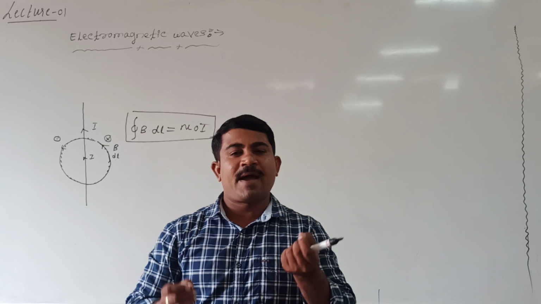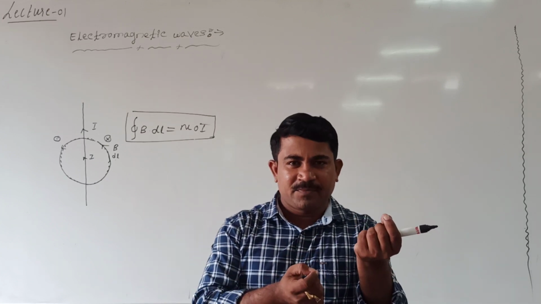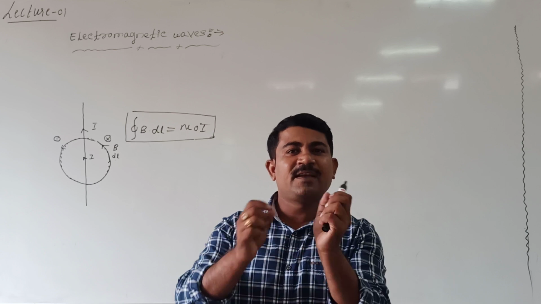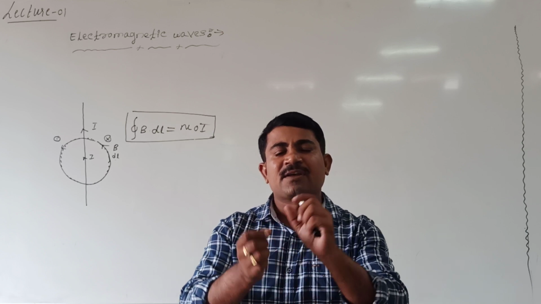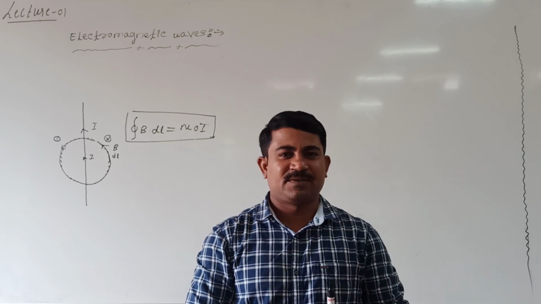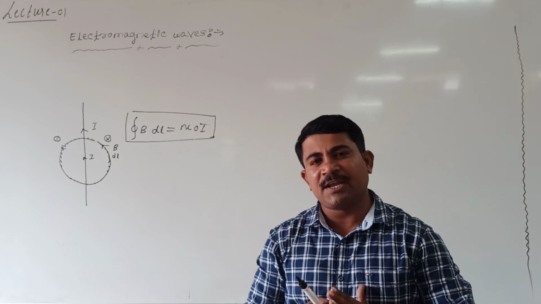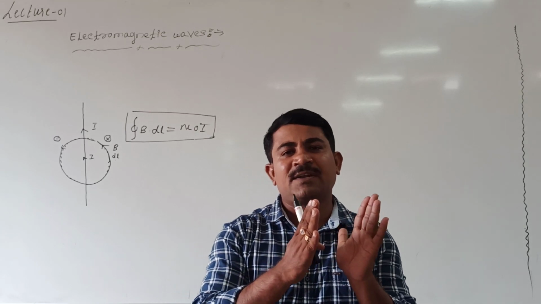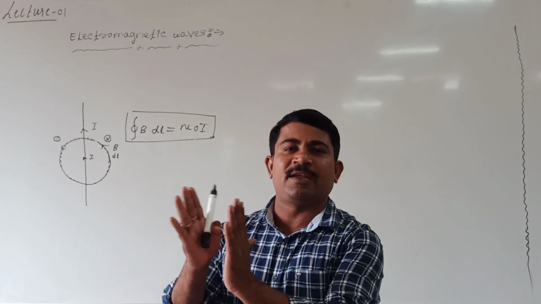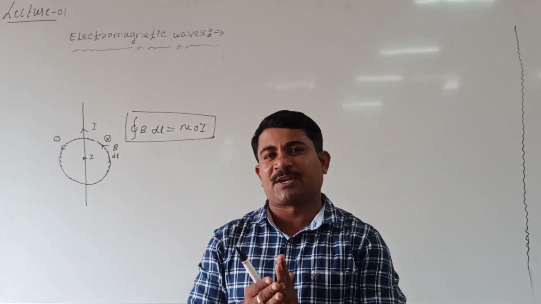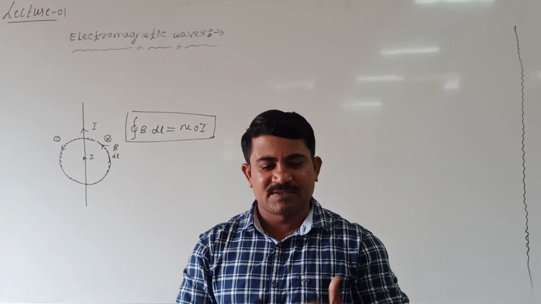But Maxwell failed to explain that wherever electric field changes with time, there also current is produced. That current we are calling displacement current. Then initially some inconsistency exists in Ampere circuit law. What is the inconsistency? That we will calculate. See here.